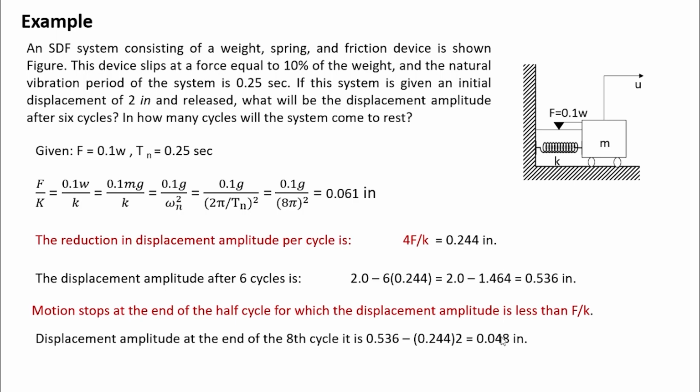At this stage, there won't be any motion in the next half cycle. Therefore, the motion stops after 8 cycles. This way, we can evaluate the response of a Coulomb damped free vibration system.